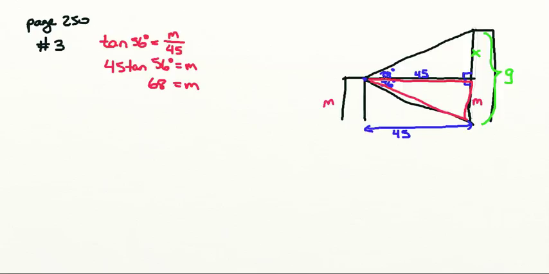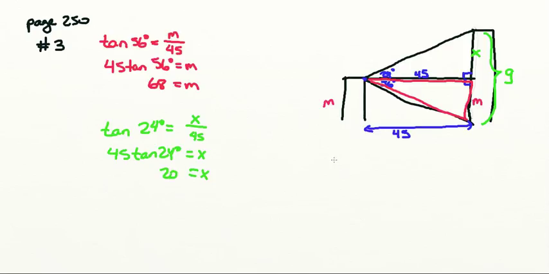I have 24 degrees, my adjacent, and my opposite, so I can use tangent. So tan of 24 degrees equals opposite over adjacent. And I get 20.